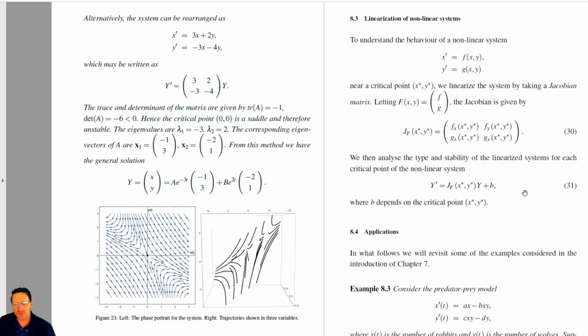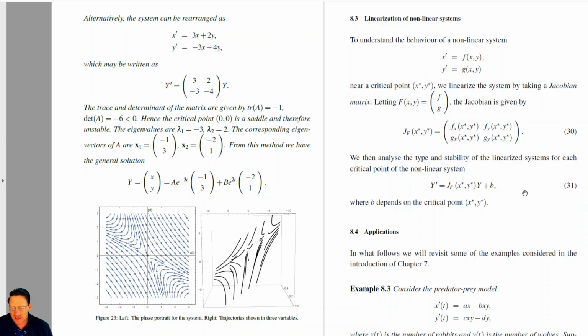The predator-prey model that we've already talked about. We just described this system, or relationship between rabbits and foxes, or rabbits and wolves. So some prey, like rabbits, that reproduce at a particular rate, and some wolves which eat at a particular rate. And so they have an interconnected rate of change there. So x is the number of rabbits, y is the number of wolves.